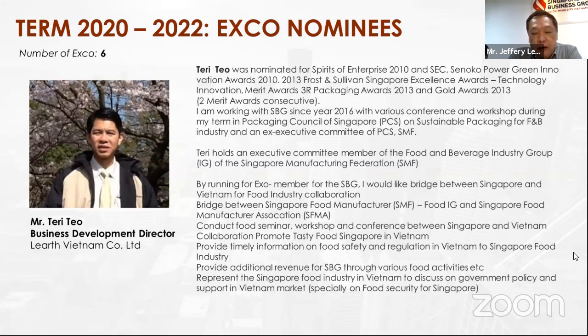Any questions on the voting session? You can put them into our Zoom chat, and the Secretariat will bring this up to our attention before the end of this AGM. So let us proceed to the next portion, where we have a proposed amendment to our constitution.